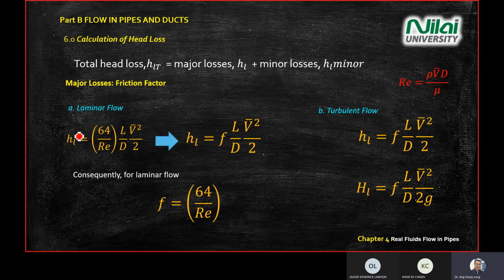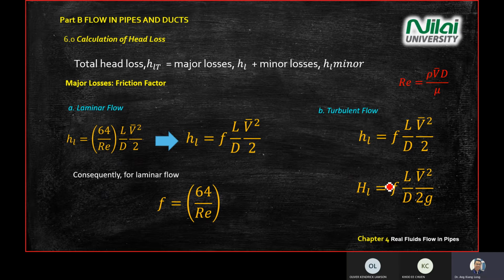The laminar flow equation just now is 64 divided by Reynolds number, times L over D, times V squared divided by 2. If you put it in the format of F times L over D times V squared divided by 2, you compare side by side, your F will equal 64 divided by Reynolds number for the laminar condition.